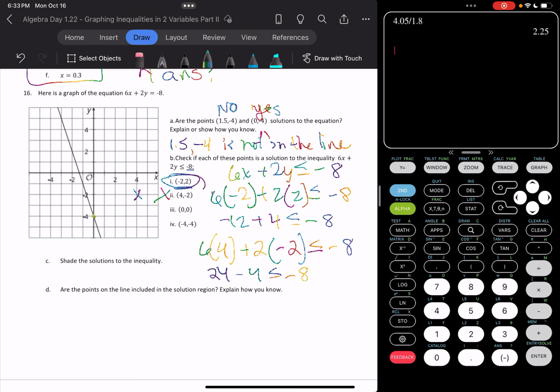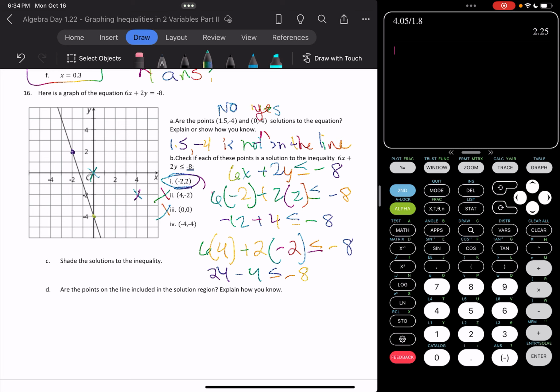And we determined that 2, comma, negative 2, comma, 2 is a solution, okay? So that would be a solid line. 0, 0. Well, if I put 0 in there, I'm going to get 0 plus 0 is less than or equal to negative 8. 0 is not less than negative 8, and so this is also not a solution.